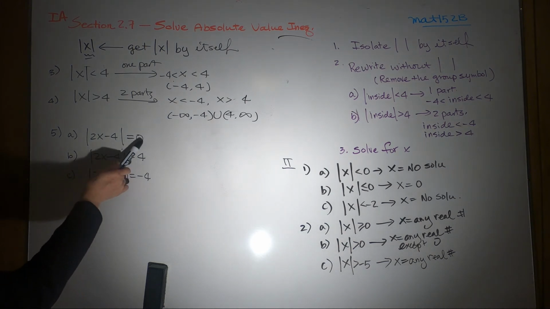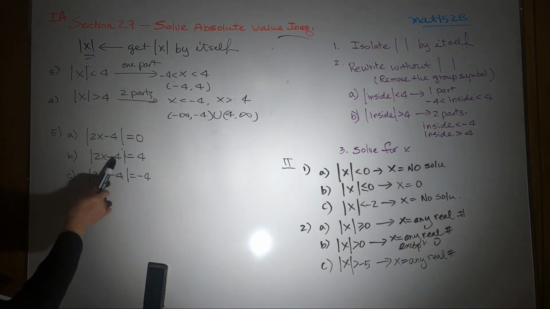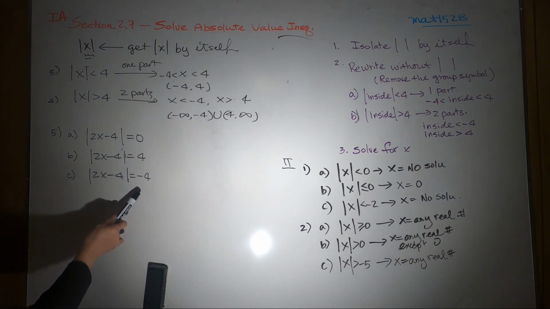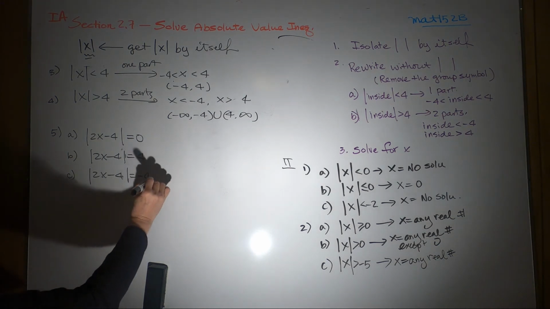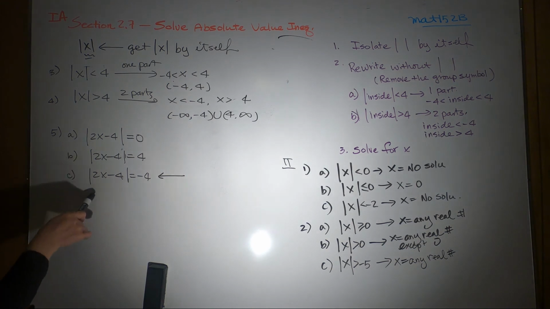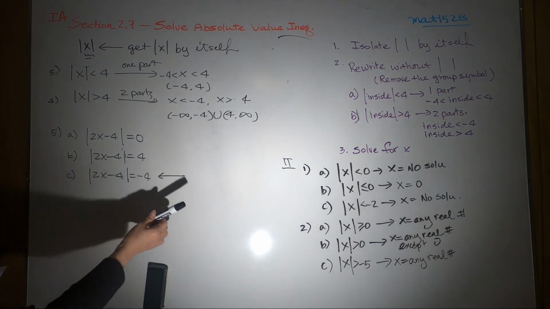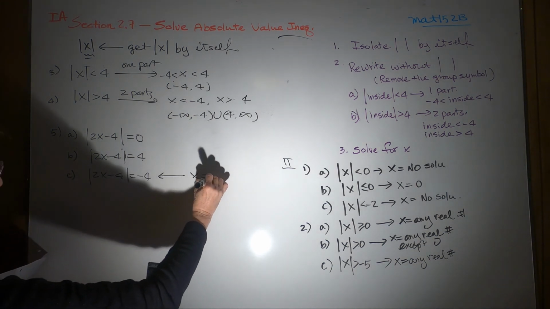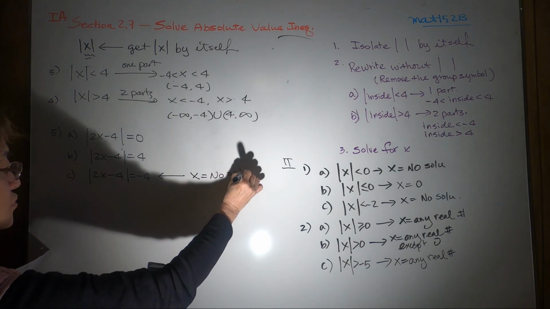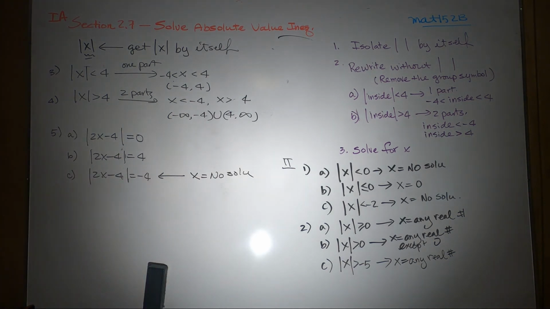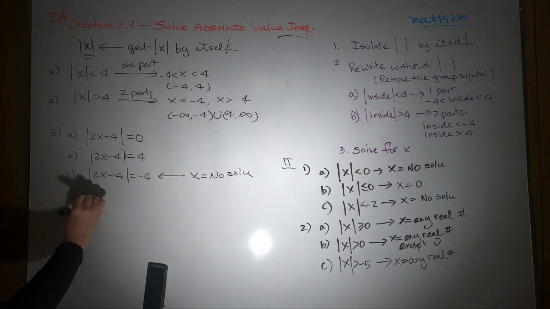Okay, it's possible to be 0, right? Can it be possible before? Yes. Can it be -4? No way, right? Because absolute value cannot be a negative number. So for this one, what is it? No solution, right?